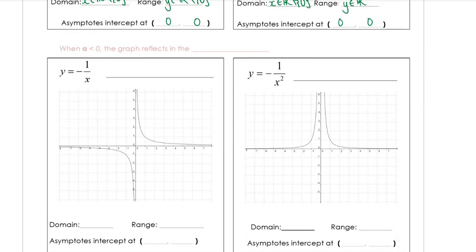Now, if we have an a value that is less than 0, we're going to be reflecting the graph in the x-axis. Okay, so it's going to get flipped upside down. What that's going to mean for the truncus graph here is that it's going to actually look like we've reflected it in the y-axis as well, but we've really only reflected it in the x-axis.